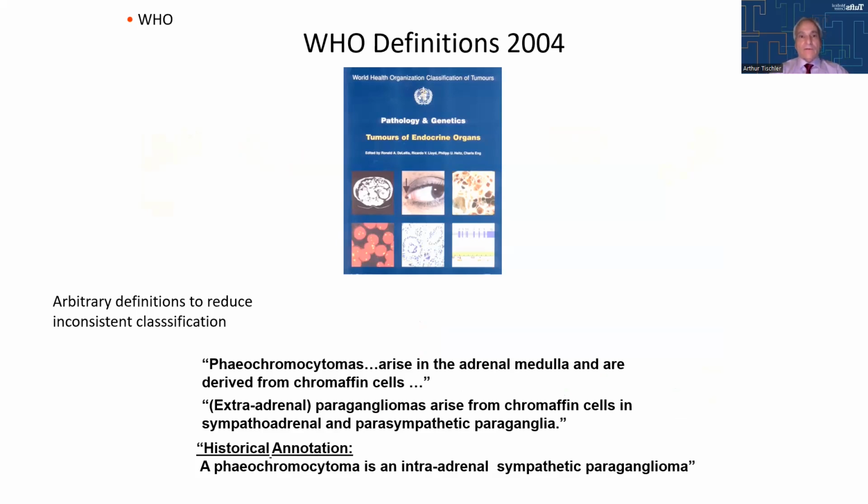The 2004 Blue Book stipulated pheochromocytomas arise in the adrenal medulla and are derived from chromaffin cells. Extraadrenal paragangliomas arise from chromaffin cells in sympathoadrenal and parasympathetic paraganglia. And as a historical annotation, it added a pheochromocytoma is an intraadrenal sympathetic paraganglioma.